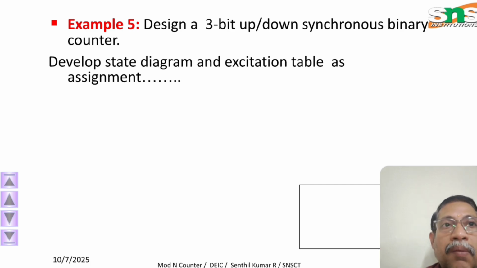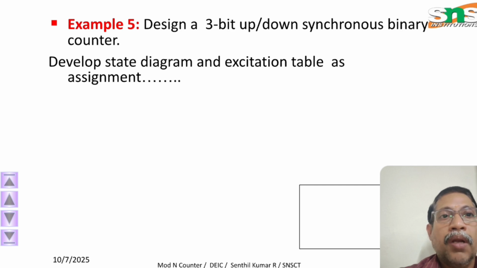If it is a 3-bit counter, the number of possible combinations is 8, from 000 to 111, that is 0 to 7. You mean a total of 8 possible states. These 8 states may be drawn in the form of a circle, and when it is in increment order, then it is an up counter. When it is in decrement order, then it is a down counter.